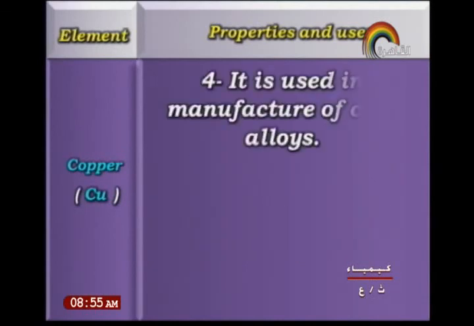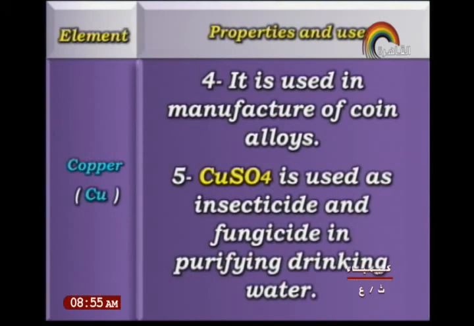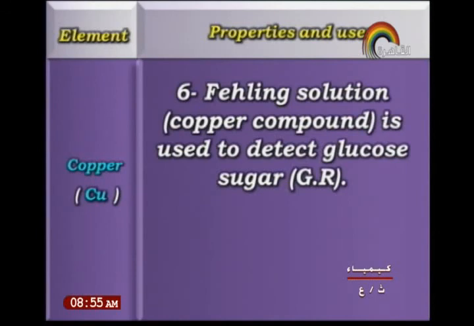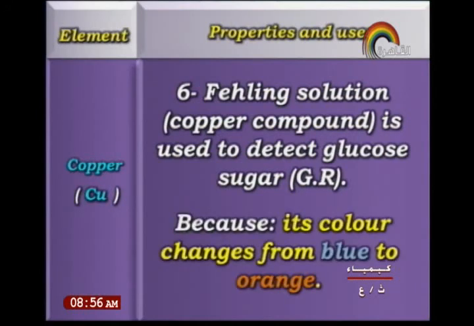The copper also is used in the manufacture of coin alloys, and the compound of copper, which is called copper sulfate, is used as insecticide and fungicide and in purifying drinking water. My dear student, we took copper sulfate and manganese sulfate as fungicide. Now the copper compound, Fehling solution, is used to detect glucose sugar. Why? Because its color changes from blue to orange, indicating the presence of glucose sugar in the blood.